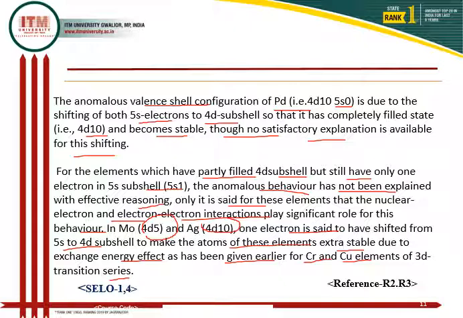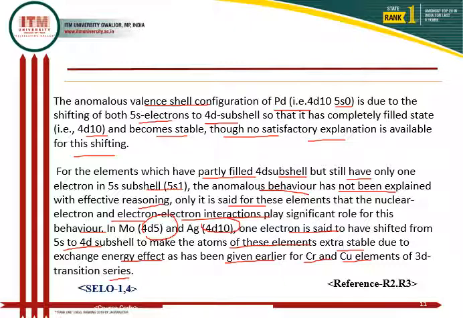So in the 3d series, we have seen that to attain stability through the exchange energy effect, the shift occurs from chromium to copper, and the same reason applies here for half filled and fully filled valence configurations. Understood?